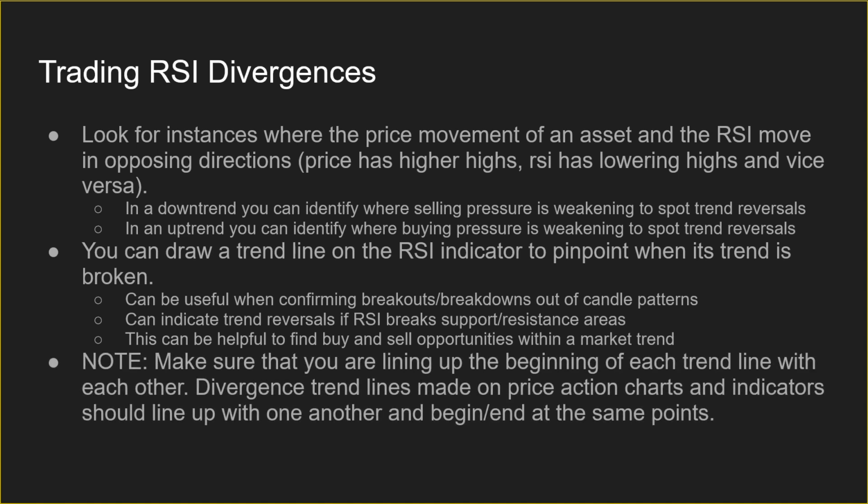Now, note, you want to make sure that you're lining up the beginning of each trend line with each other. Divergence trend lines made on price action charts and indicators should line up with one another and begin and end at the same points. Here's a tip: use the magnet tool. That way you can lock on to each one of those candles. If you're not sure how to do that, please check our video on TradingView.